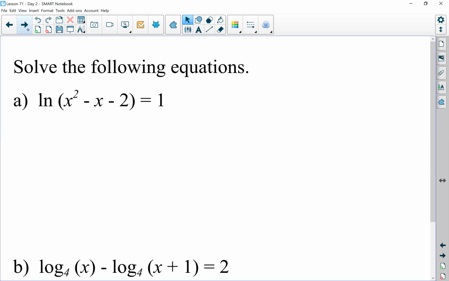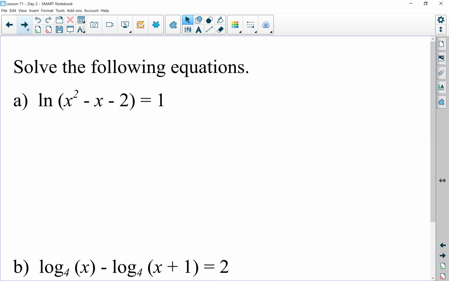So here we go. We have the ln of x squared minus x minus 2 equals 1. And I believe for these, it asks for the exact answer.